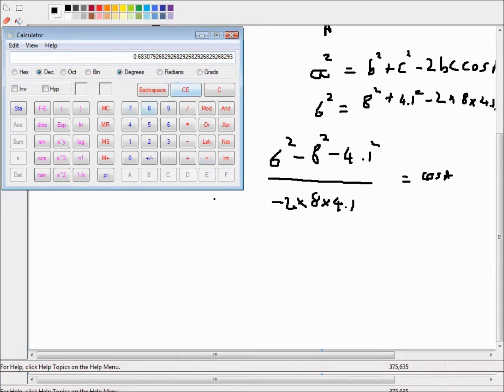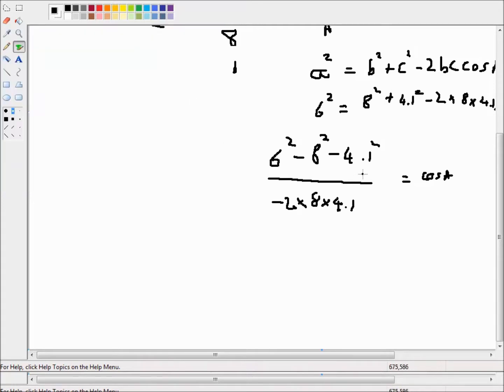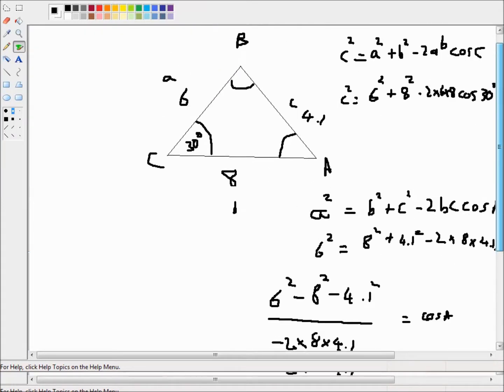And now all we need to do is find the arc cosine, or the inverse of the cosine. So if I click inverse and then cosine, making sure I'm on degrees, that's 46.91 or 46.92. Well, let's just say 46.9. So that's 46.9 degrees.